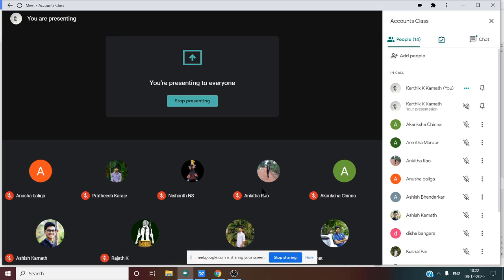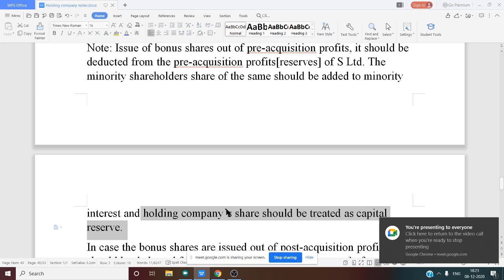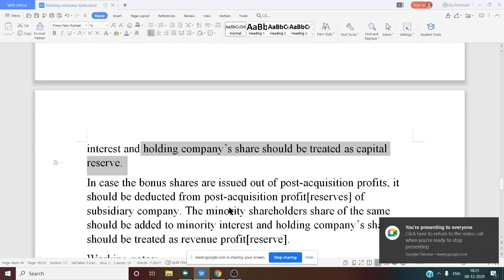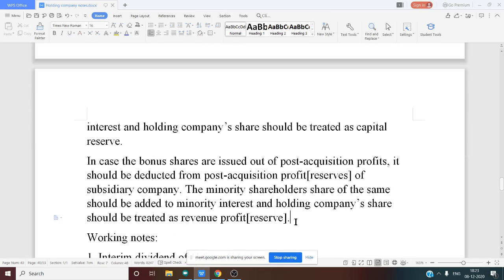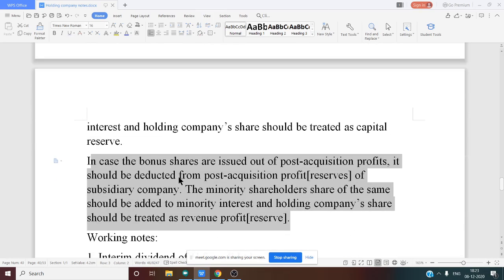That is why it is pre-acquisition. That is capital profit. Whenever it is capital profit, it is treated as capital reserve. So here the bonus issue also is treated as capital reserve. Now that is very important. But similarly, one more note is given: if in the problem bonus shares are issued out of post acquisition profit.